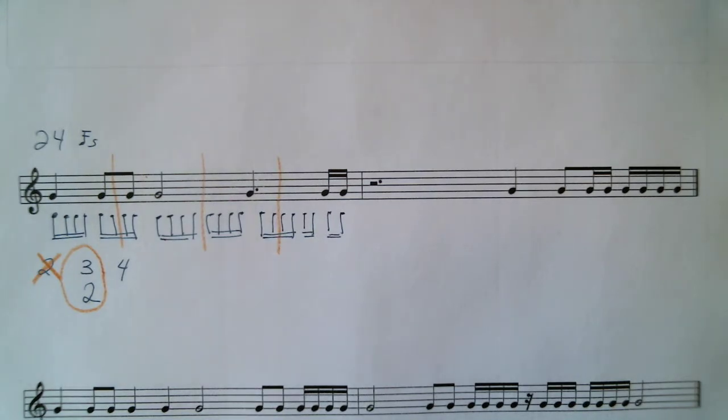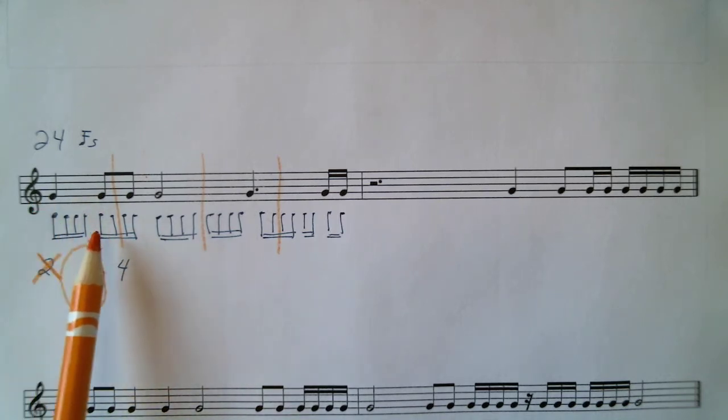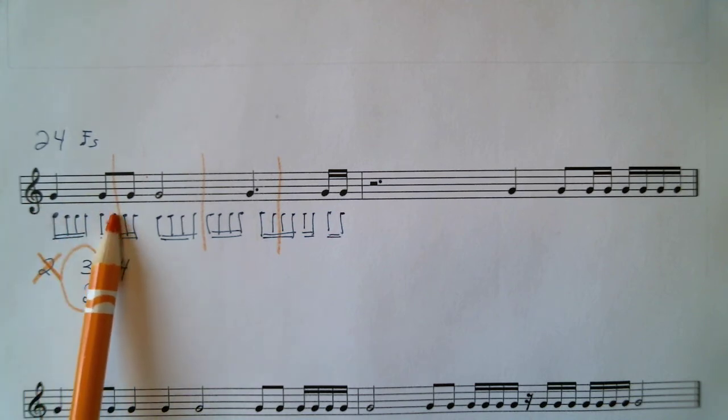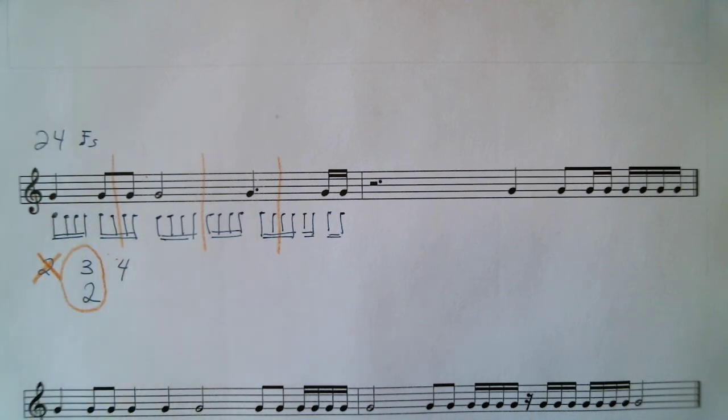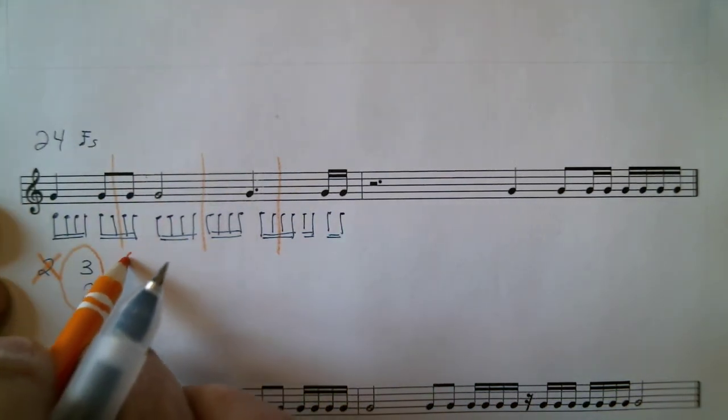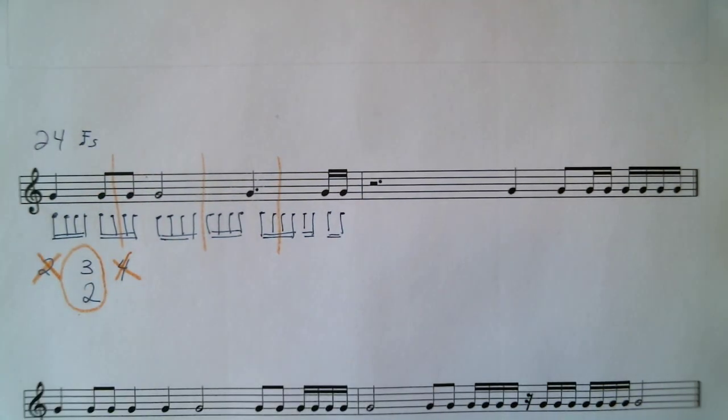And again, that doesn't work because we don't have a note type without dots that is the equivalent of 1 beat in this case. 1 beat here is equal to 1, 2, 3, 4, 5, 6 16th notes, which is a dotted quarter note. So that also won't work. So here the correct answer is 3/2.